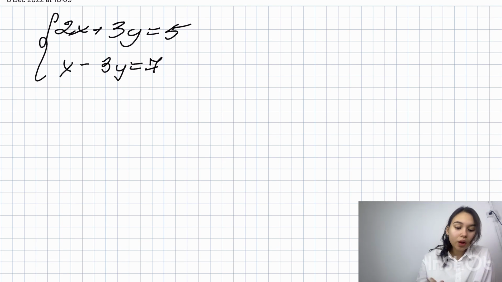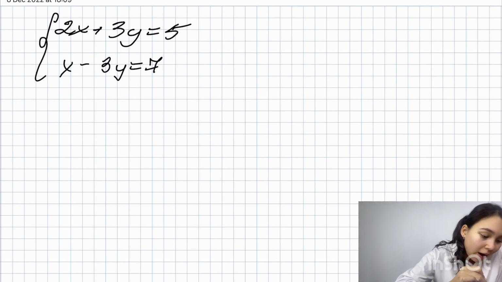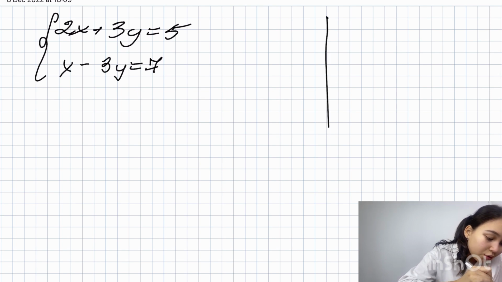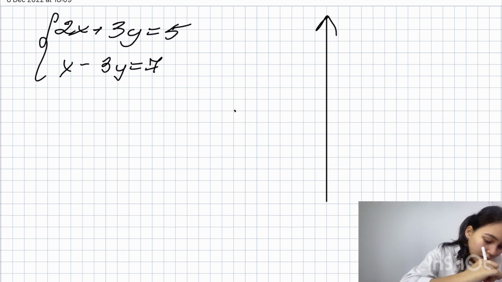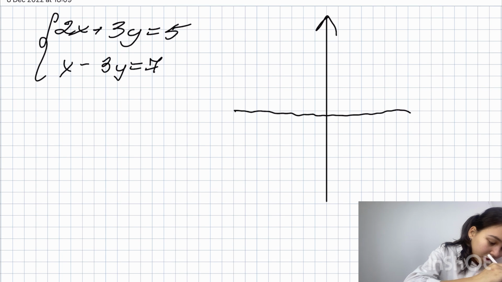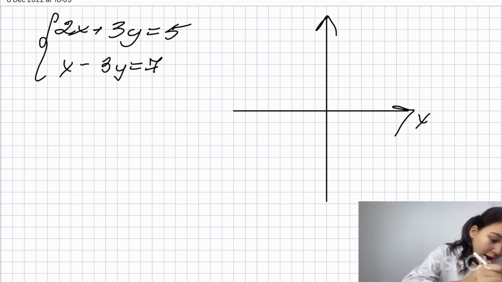And now what we have to do is draw a line. I guess you see it. This is x, this is y, and this is 0.